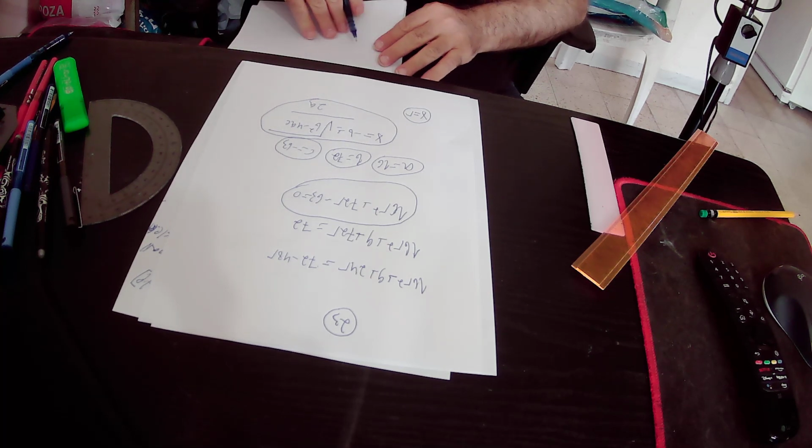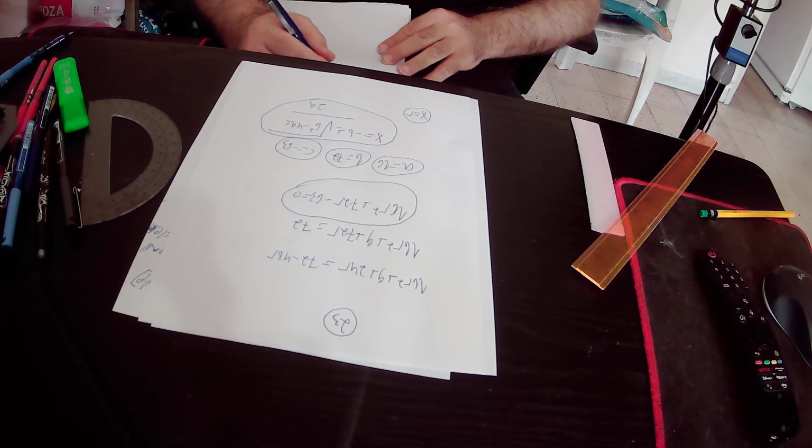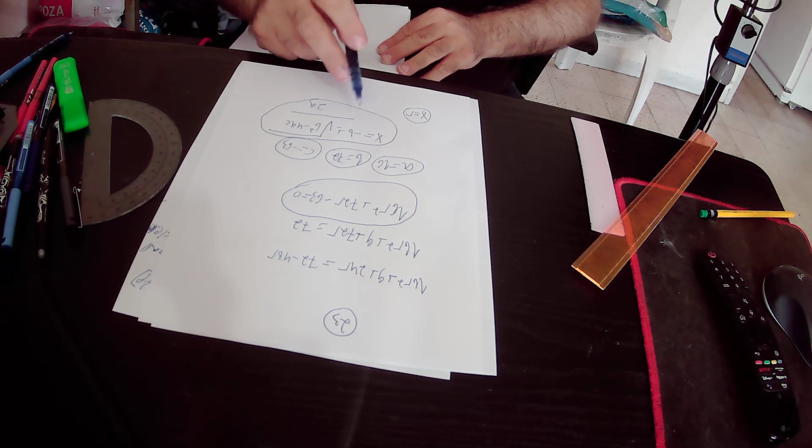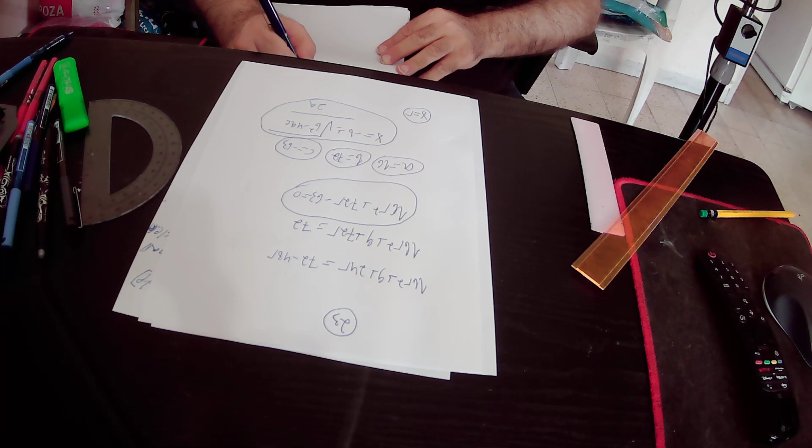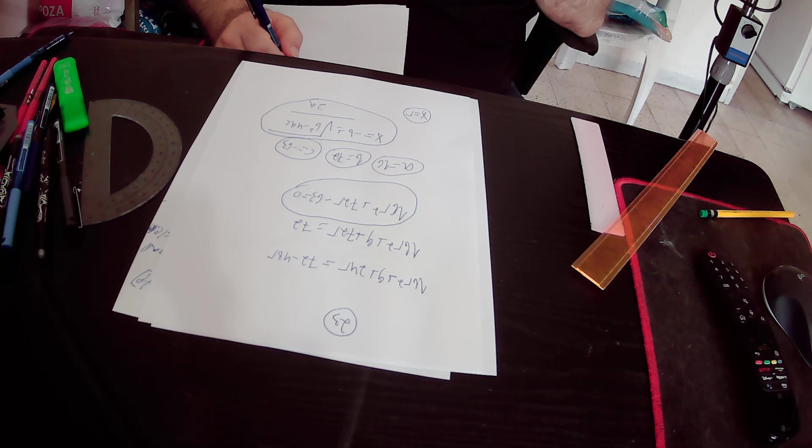So we get that x equals r equals minus b. b is 72, so minus b is minus 72 plus minus root of b squared. 72 squared is 5,184, minus 4 times a times c.